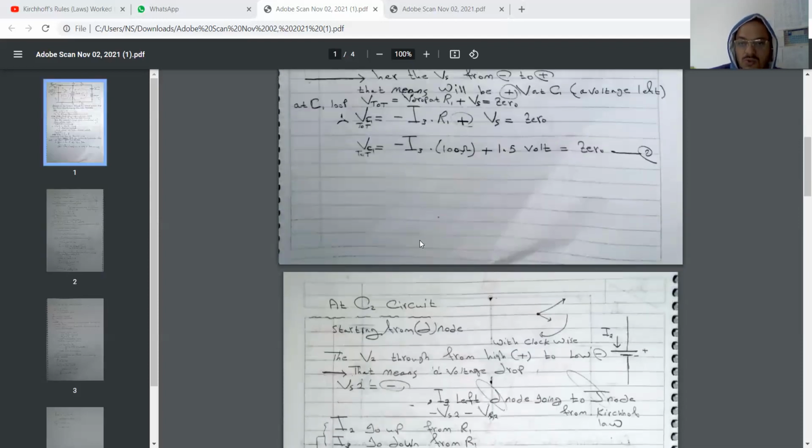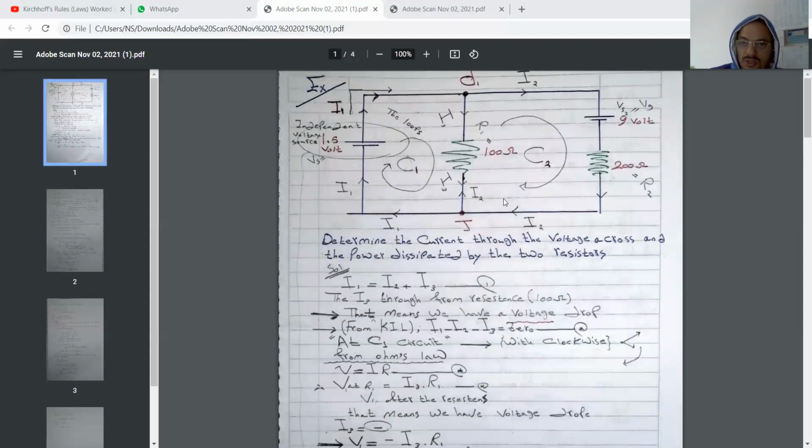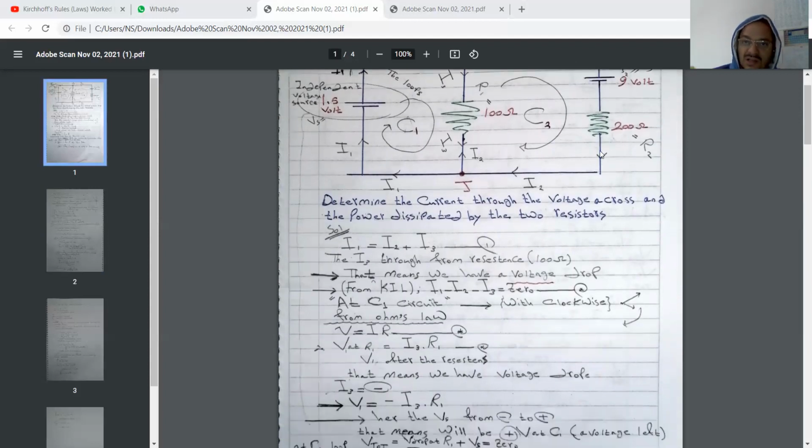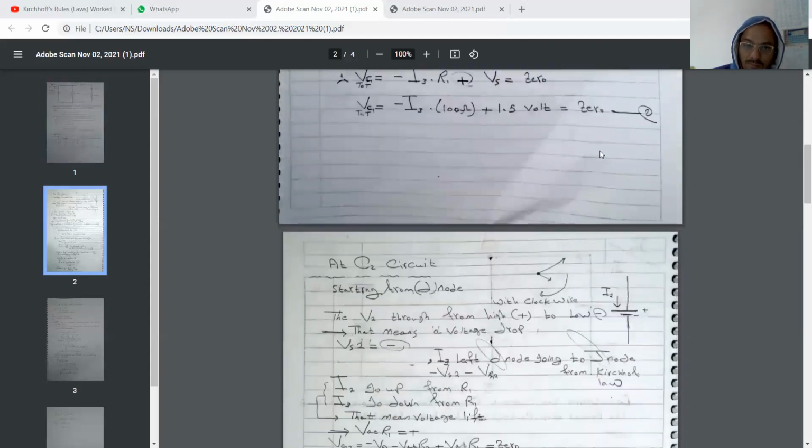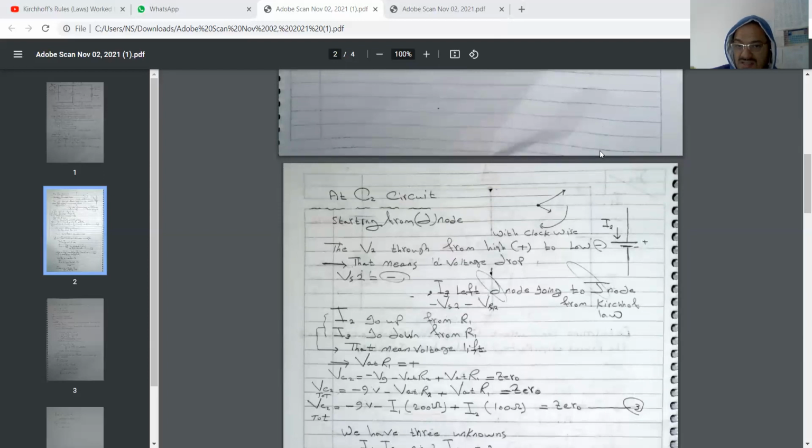Now at C2, at loop 2, we have two resistances, 100 ohm and 200 ohm. Let's start from node D. The current I2 goes directly to VG, from the positive to the negative terminal, which means we put a minus.